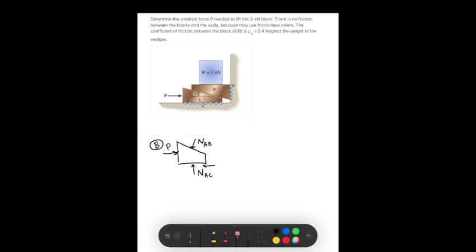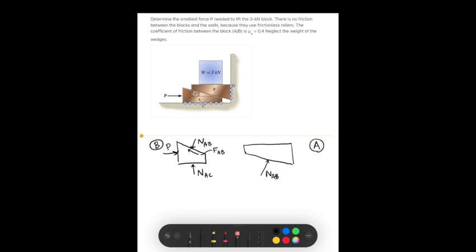On this surface, there is no friction because we're told that there's rollers there that are frictionless, so we don't have to consider friction on this surface. However, on this surface, we do have friction between the two wedges. So let's draw our other wedge, and I'll call that wedge A. So we have the normal force.